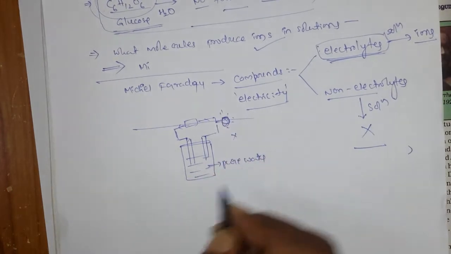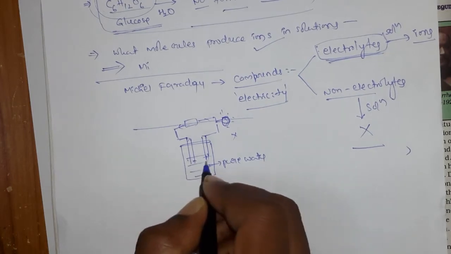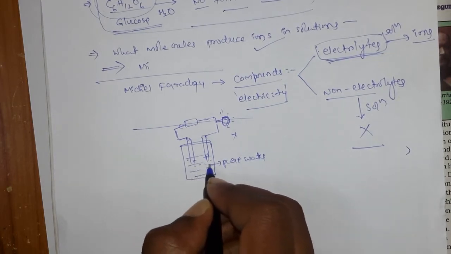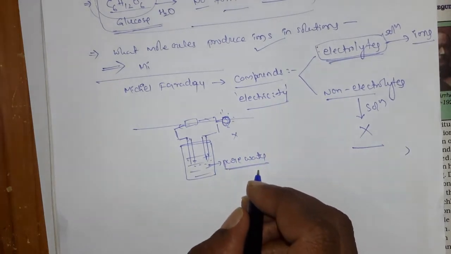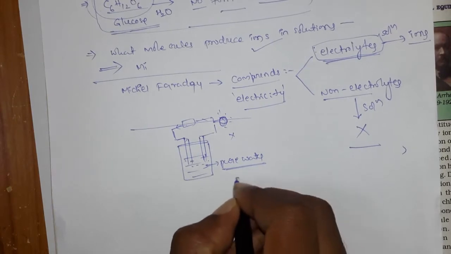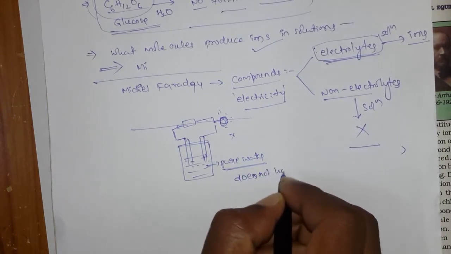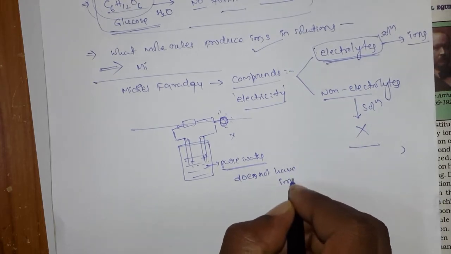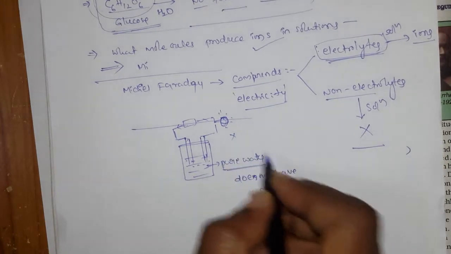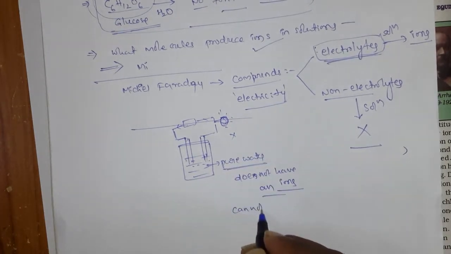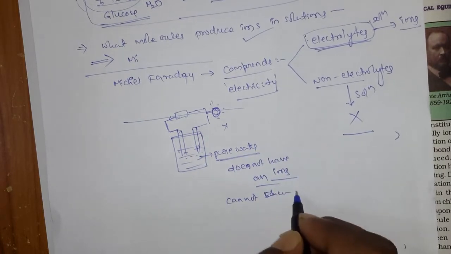No, right? Because here the electricity cannot pass from one electrode to the other electrode, because pure water does not carry any electricity. The pure water doesn't have any ions, so it cannot show any electricity.